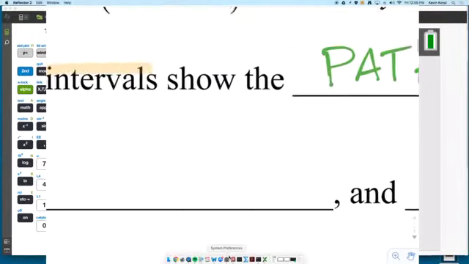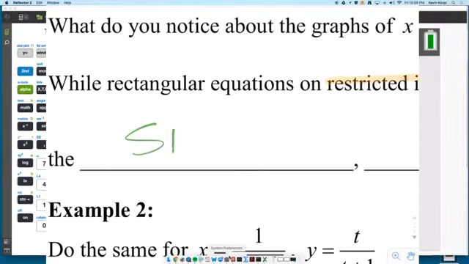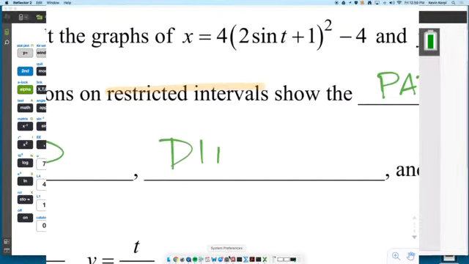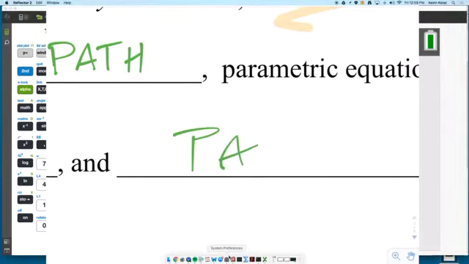Parametric equations, on the other hand, show the what? They show the speed at which it's being traced out, comma, the what else? Direction. And of course, they still show the what? They still show the path. So you get two more pieces of information by introducing one extra variable. Okay?